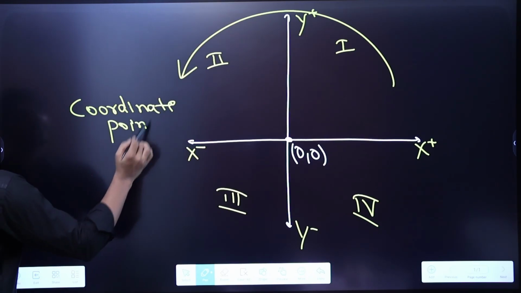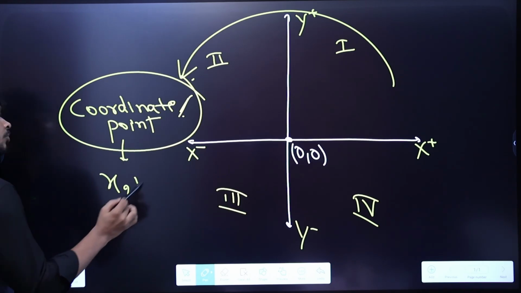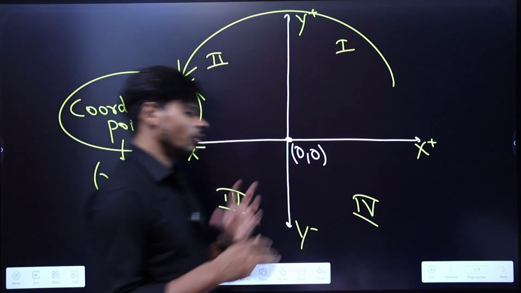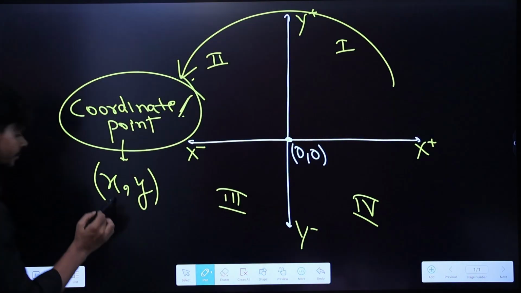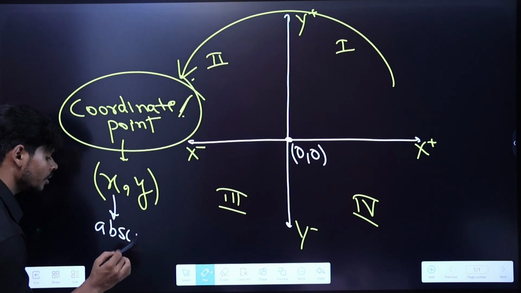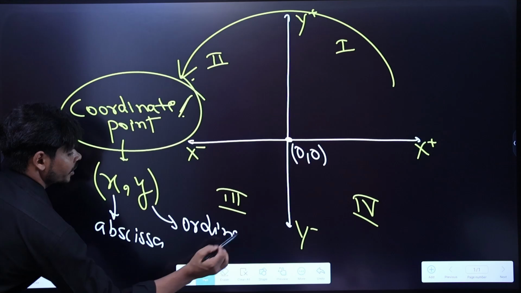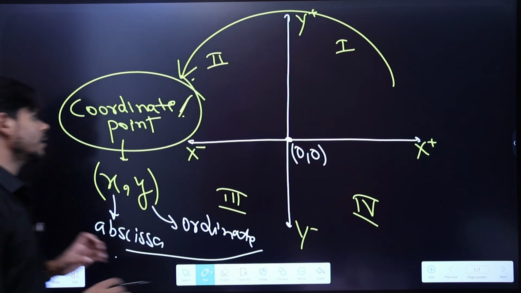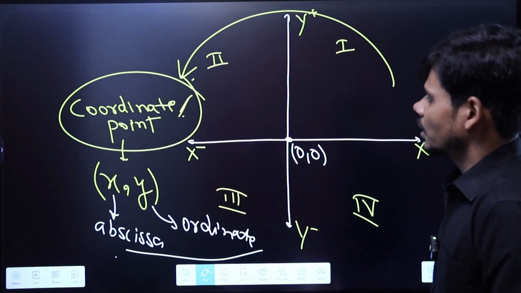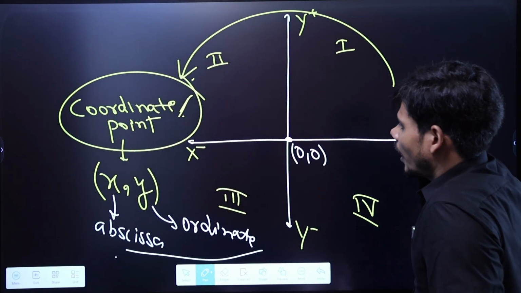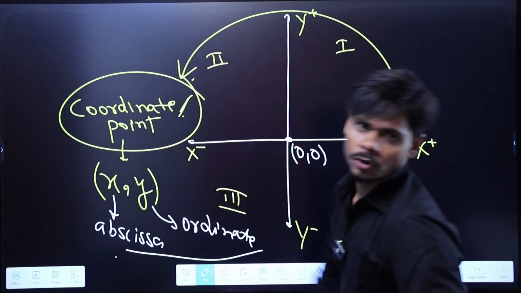This point or coordinate contains two things, the value of x and the value of y. The value of x is called abscissa, and the value of y is called ordinate, and together they are called a coordinate, or a point. Remember, abscissa and ordinate together make a coordinate.